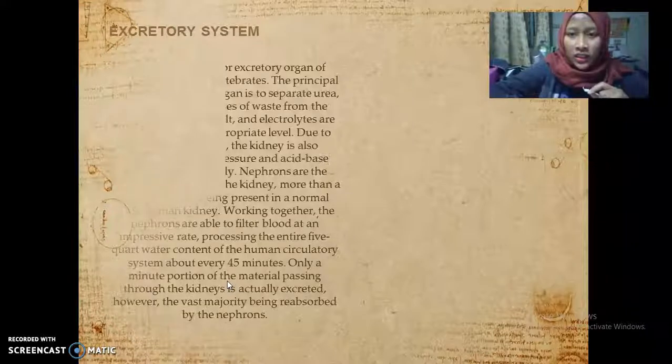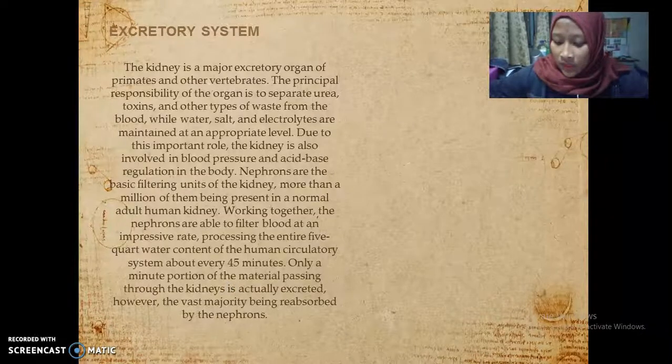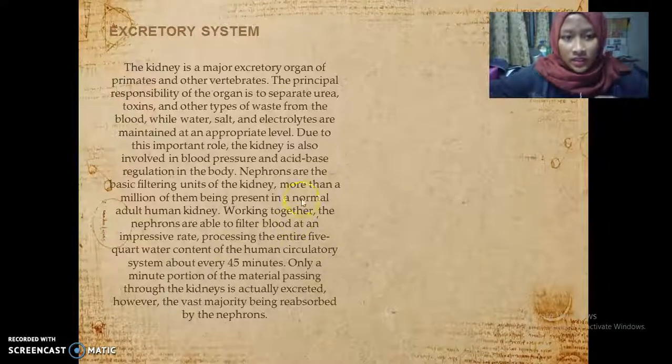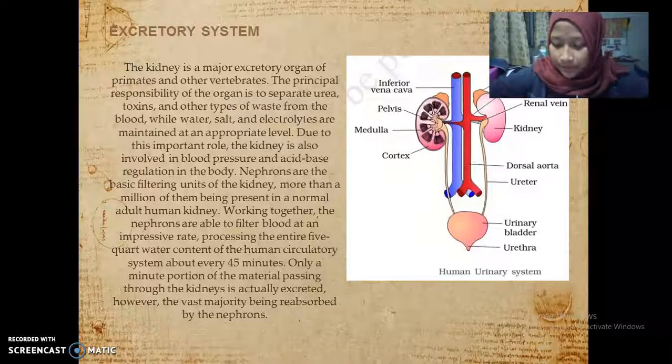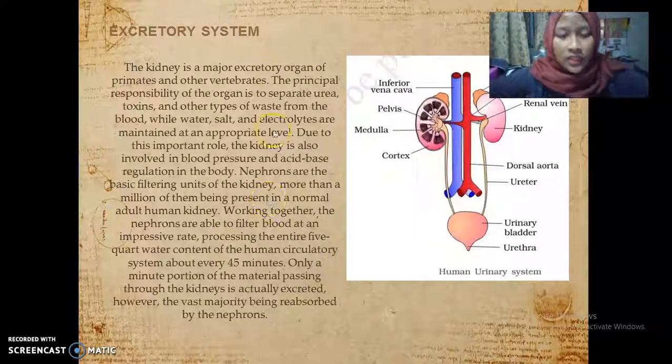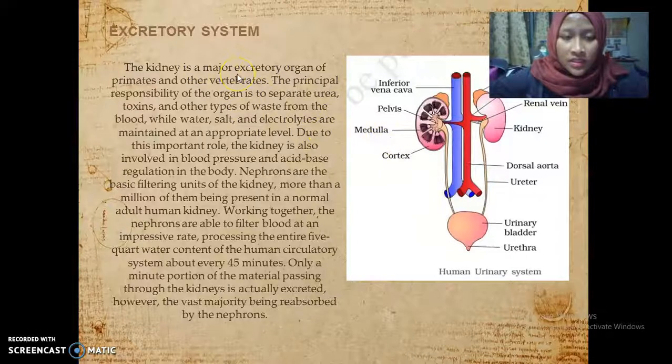Next we go to the excretory system. The excretory system consists of the kidney. The kidney is a major excretory organ of primates and other vertebrates. It is responsible for separating urea, toxins and other types of waste from the body.